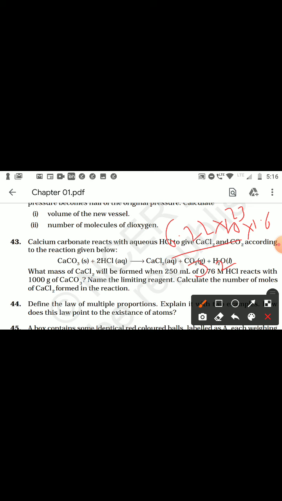And if I multiply it by the Avogadro number, then it is coming out to be 3.011 into 10 raised to power 22. Yes, it is 22. 3.011 into 10 raised to power 22. Okay.